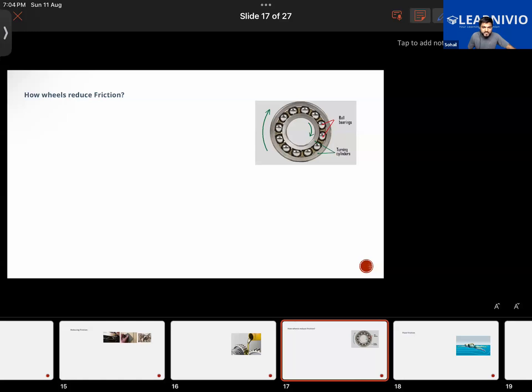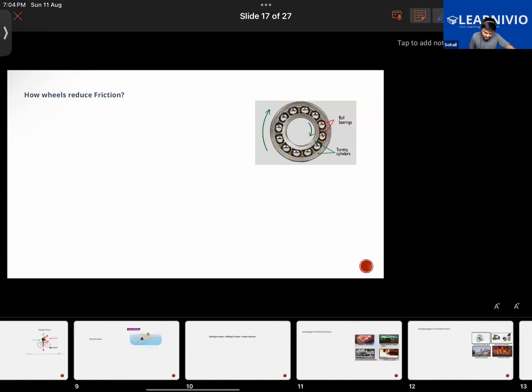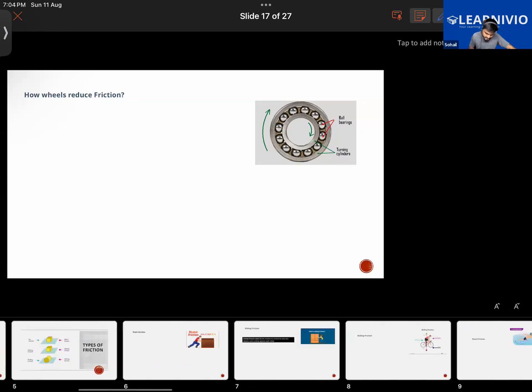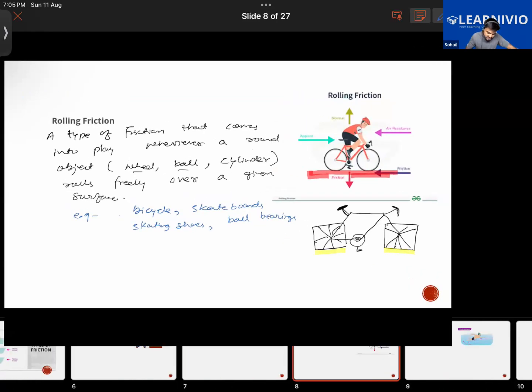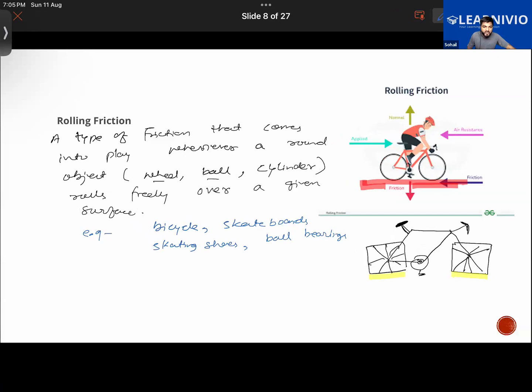They also help in reducing friction. They basically work on the concept of rolling friction, because the friction generated with round objects is minimum. That's why ball bearings are used in different kinds of vehicles and machines. Hope you guys have understood this. If there's any confusion, please let me know.